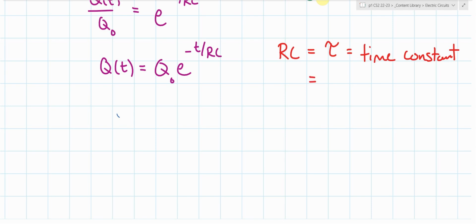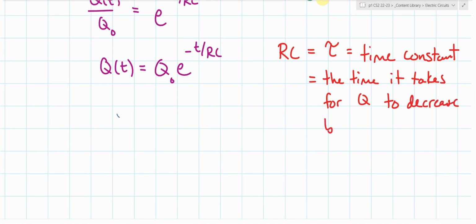It is the time it takes for the charge on the plates to decrease by a factor of 1 over e. If you work out the units, it actually is a time, weirdly, in seconds. The time it takes for Q, the charge on the plates, to decrease by a factor of 1 over e.